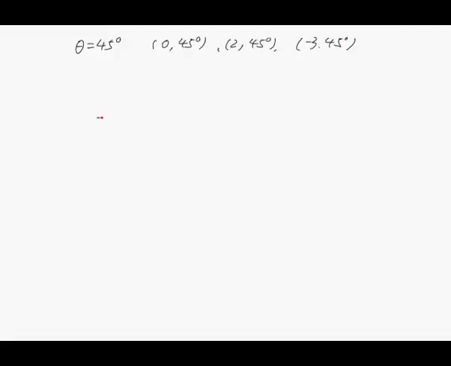So now you can plot all these points, 45 degrees, like this. And then 0, 45 degrees here, right? 2 and 45 degrees here. And then -3 and 45 degrees here. So actually, this is just a line, right? Just the line with inclination angle equal to 45 degrees.